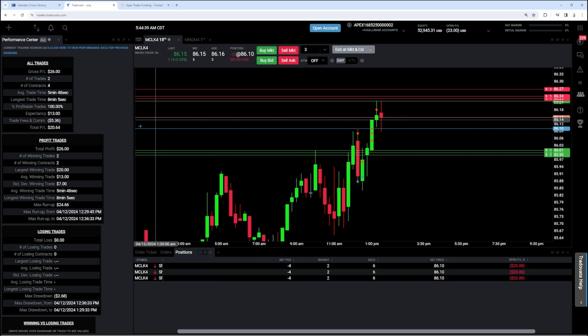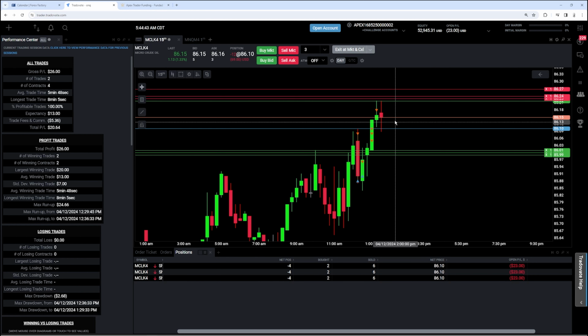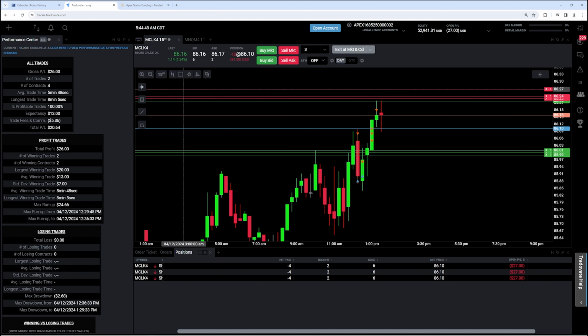What it is doing now is not very good, but if it closes at 86.14, it is quite good. If it closes above, we are into trouble, let's call it. It's not trouble though.